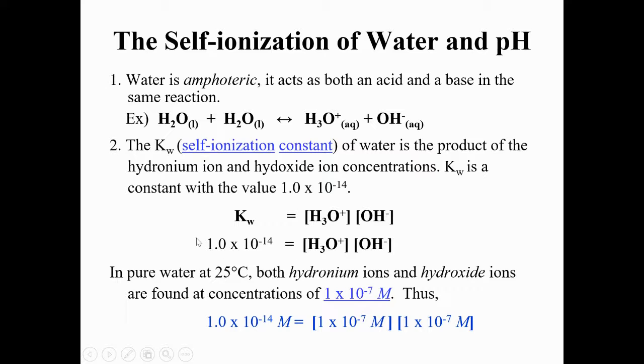So the constant is 1 times 10 to the minus 14th. In pure water, the hydronium concentration is 1 times 10 to the minus 7th moles per liter, and the hydroxide concentration is 1 times 10 to the minus 7th moles per liter. So most of your water exists as molecules, but a very, very small amount breaks up into those ions.